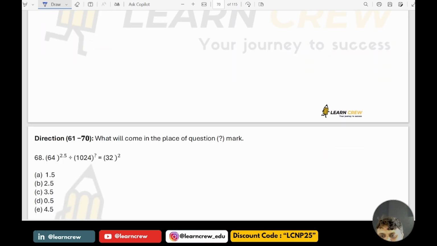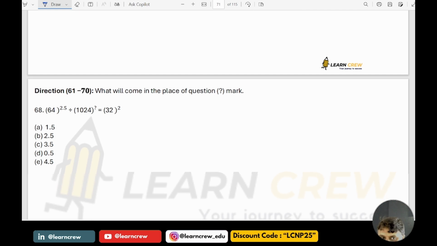Next. 64, 2 by 5 is actually 10 by 4. Otherwise you can keep like this only. 64 is how much? I can keep like 2 power 6. 64 cube, I can write as 4 cube.